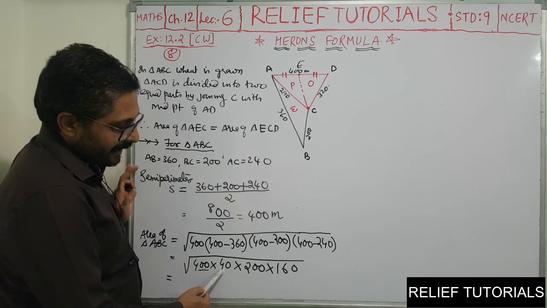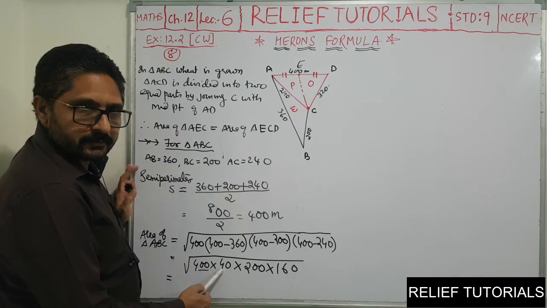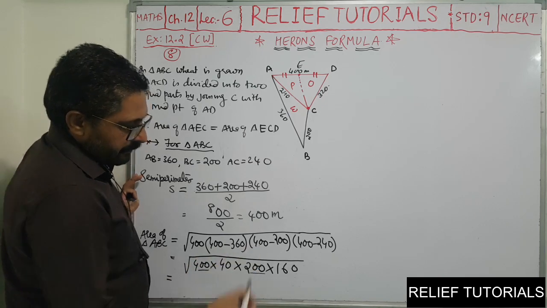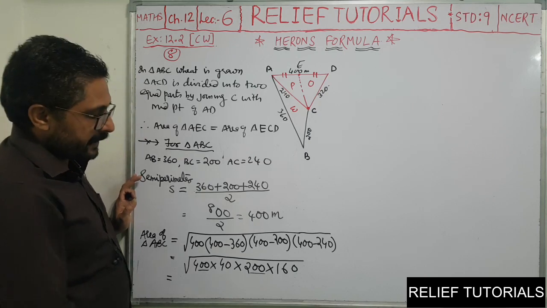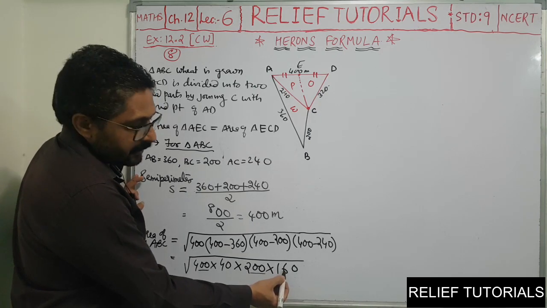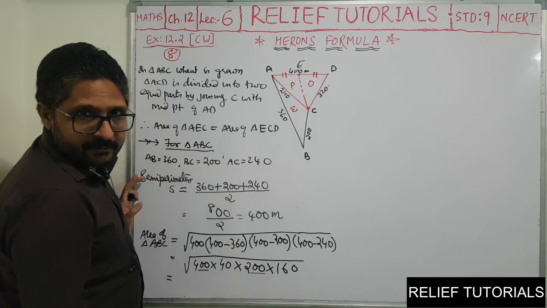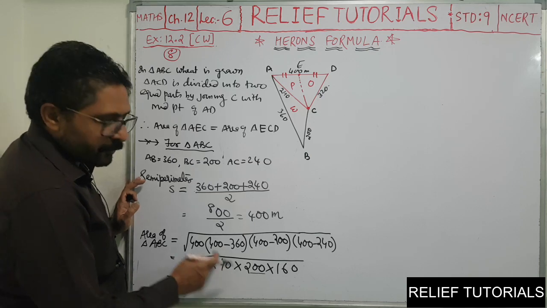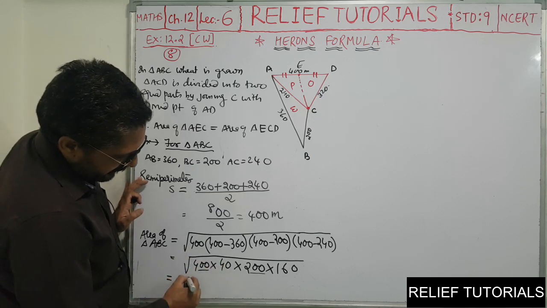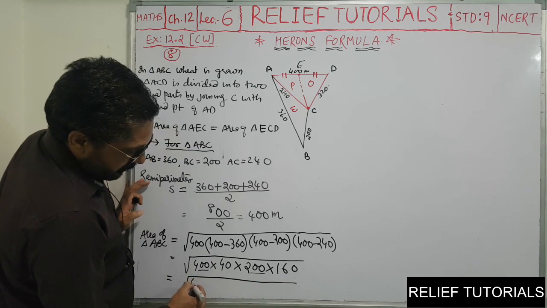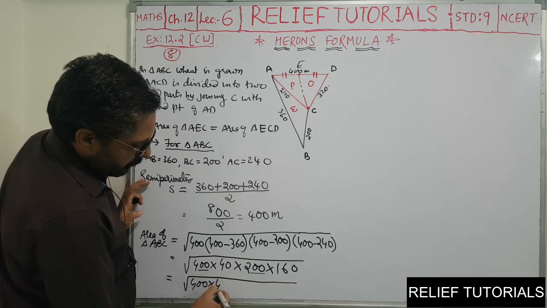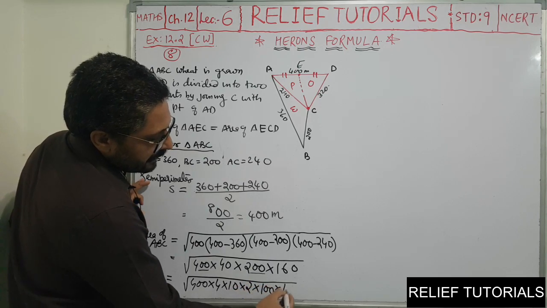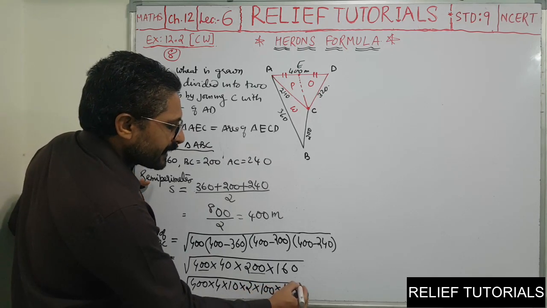40, we can write as 4 into 10. 200, you can write 2 into 100. 160, you can write 16 into 10. 16 is a perfect square, 100 is a perfect square, 4 is a perfect square. Otherwise you can write prime numbers.